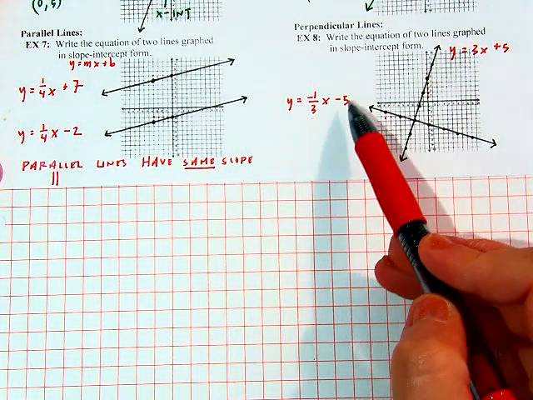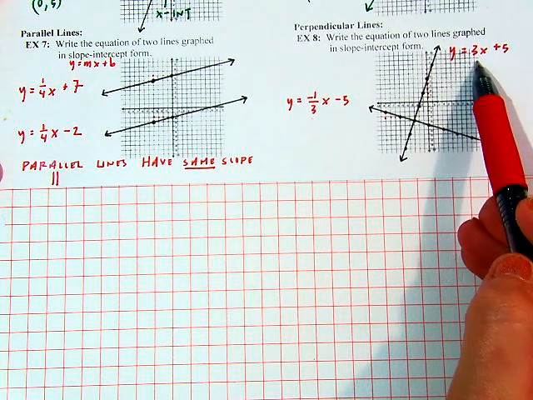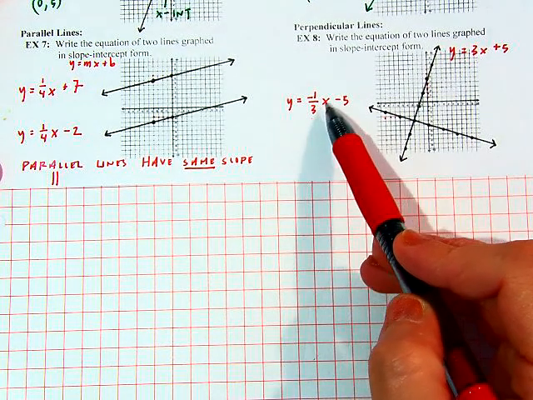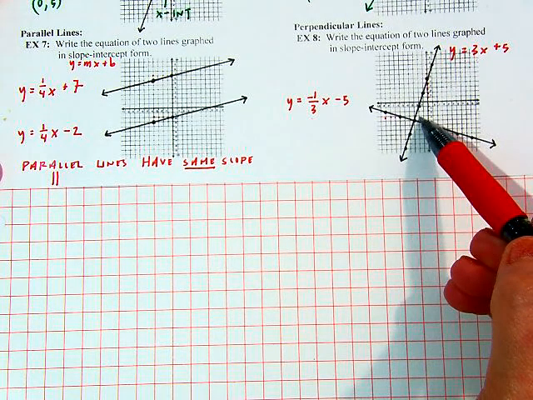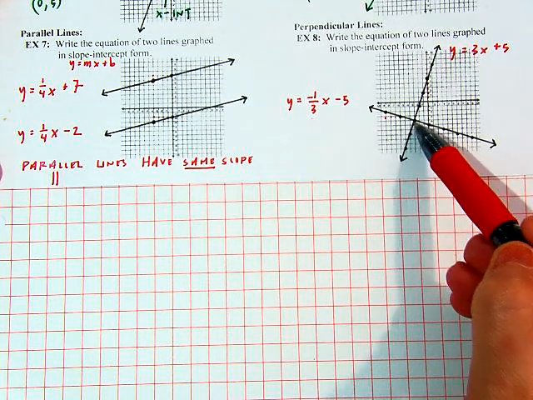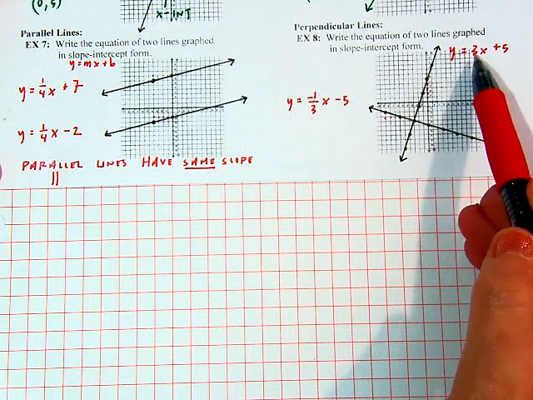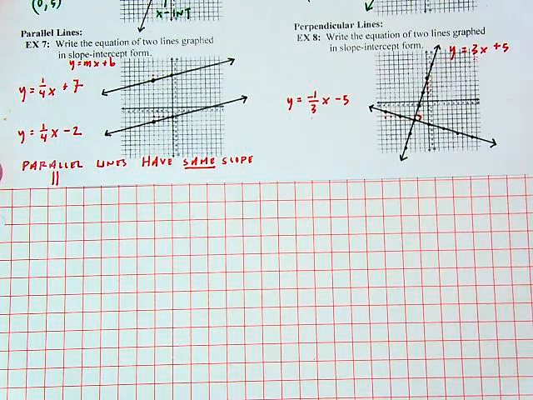So what we should recognize then with our slopes is that they are opposite reciprocals. So whenever I have perpendicular lines, their slopes will always be opposite reciprocals. And I can see that right here, that's a right angle. So these two lines, they're crossing right here at this point, and I can see that their slopes are opposite reciprocals, which makes that right angle right there.